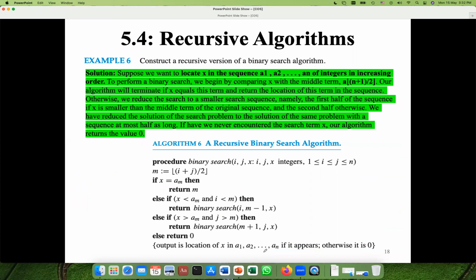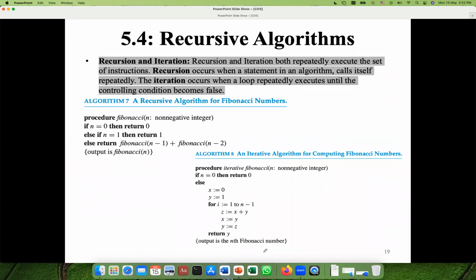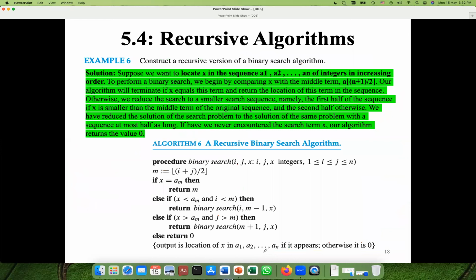Now, construct a recursive version of the binary search algorithm. How many people know the binary search algorithm? Binary search. 1, 2, 3. What is binary search? In which course have you studied binary search? Previous semester.